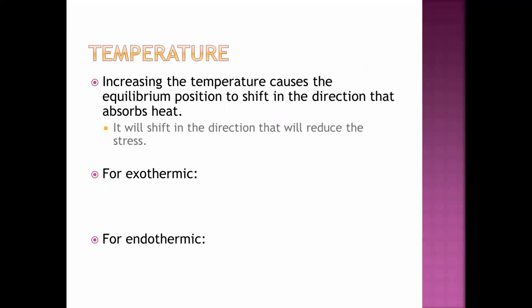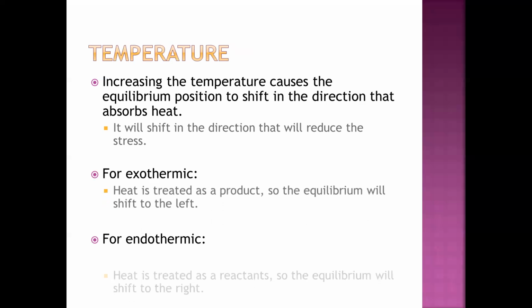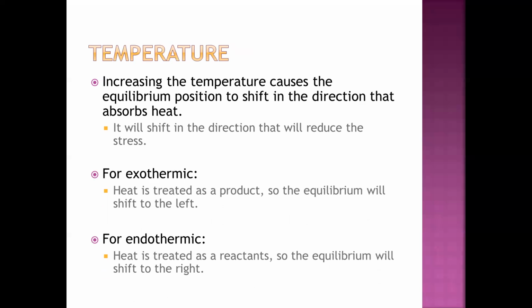Okay. The next one is temperature. We can change the temperature. And this is what we're going to do in our lab tomorrow with our glow sticks. We're going to change temperatures. Okay? So when you change the temperature, the shift is caused based around if it's an exothermic or endothermic process. Okay? So if it's exothermic, the heat was considered a product.